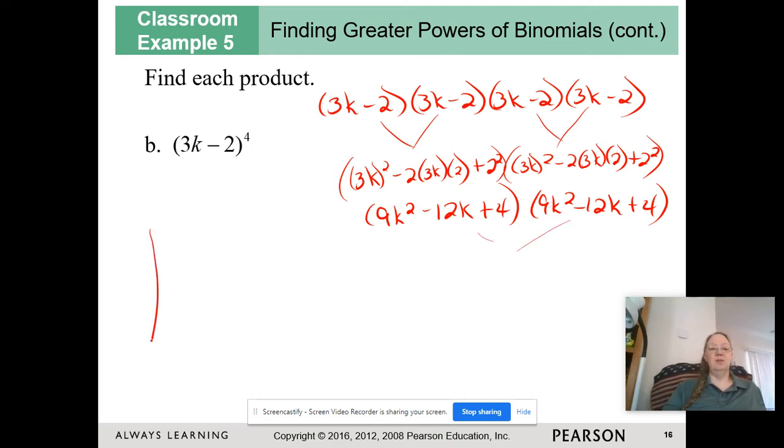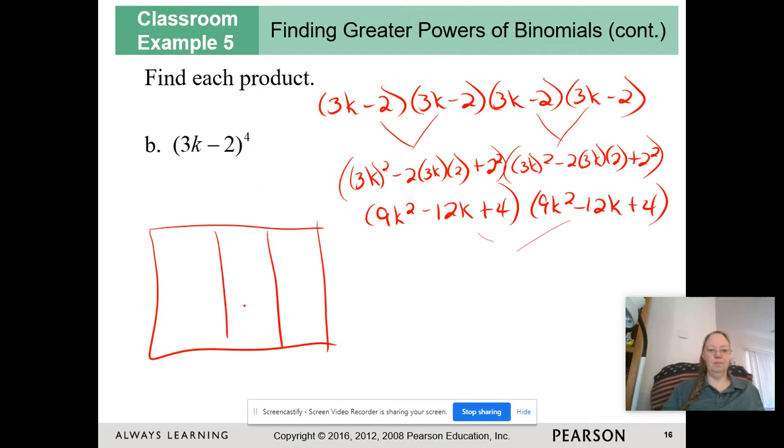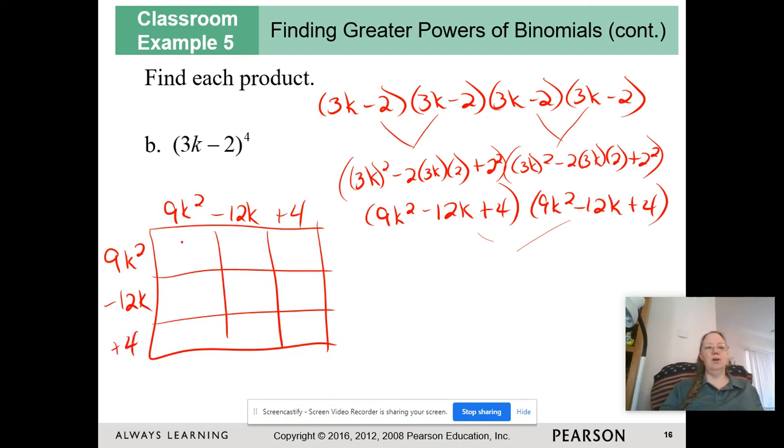So let's draw a giant box here. 9k squared minus 12k plus 4. When we square a binomial, there's a formula, but it doesn't work for trinomials. There's no formula for squaring this. All right, so we have 81k to the fourth.